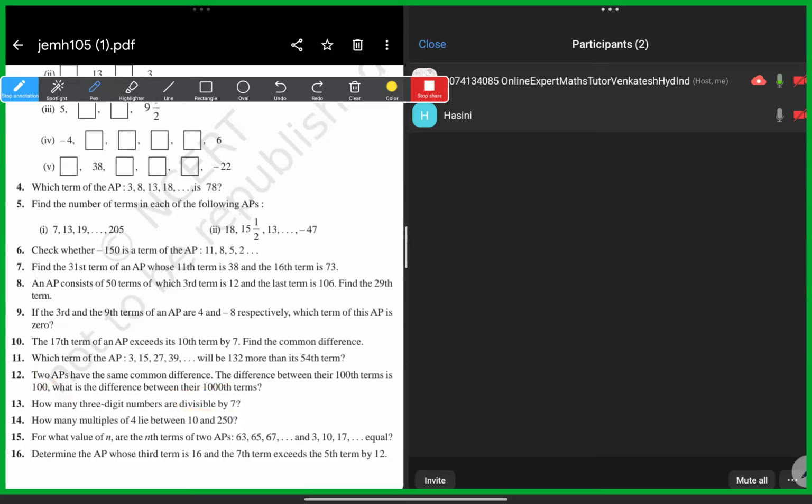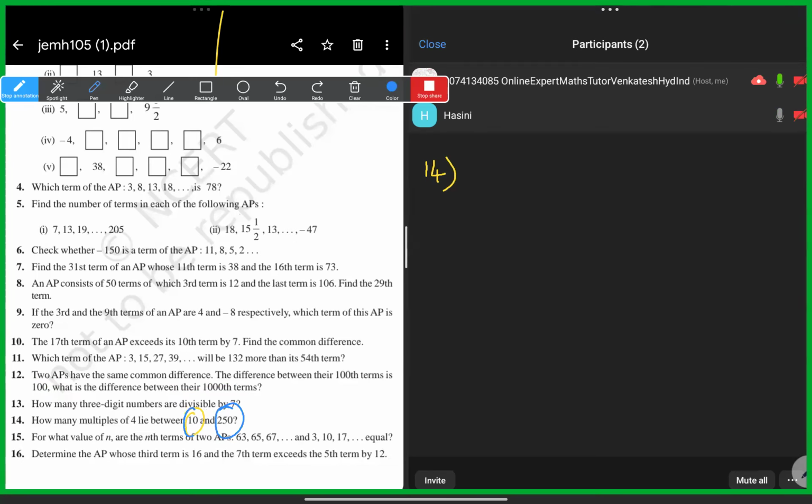Understood, Hasni? Understood, sir. So we are writing the series, now between 10 and 250. Between means we should not include both 10 as well as 250, even if they are divisible by 4.